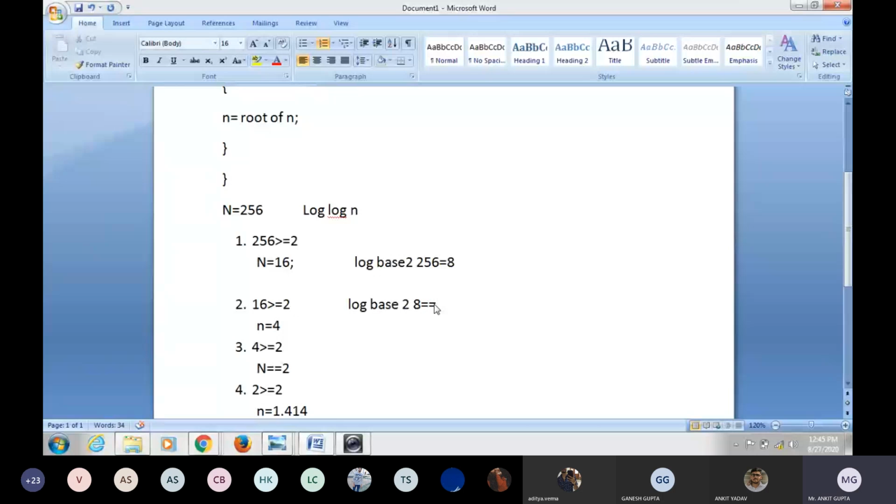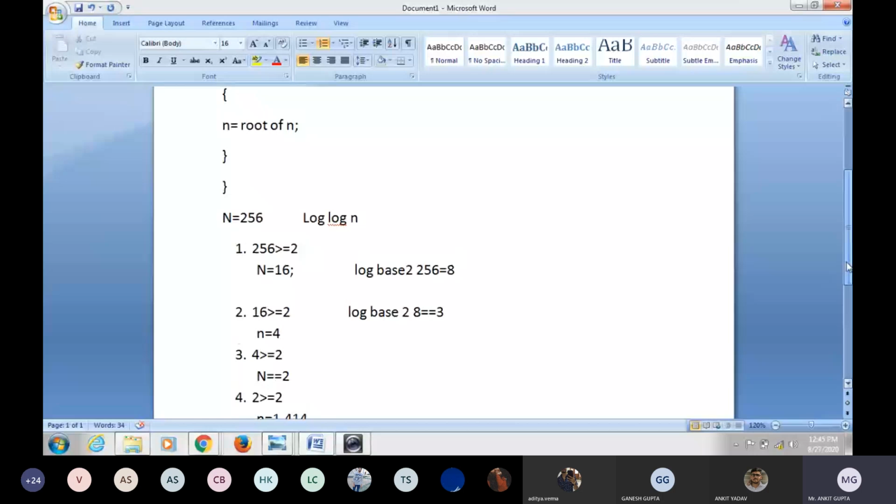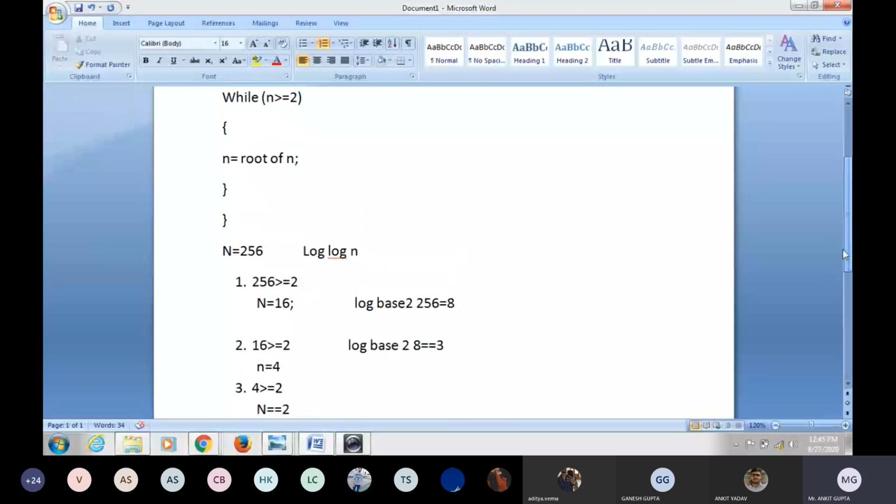I can write 8 as 2 raised to the power 3, so 3 will come. That is near about the number of steps, that is 1, 2, 3, 4. So I can write that the time complexity for that code is approximately log log n. I have proved it both ways, with an example and with the method.